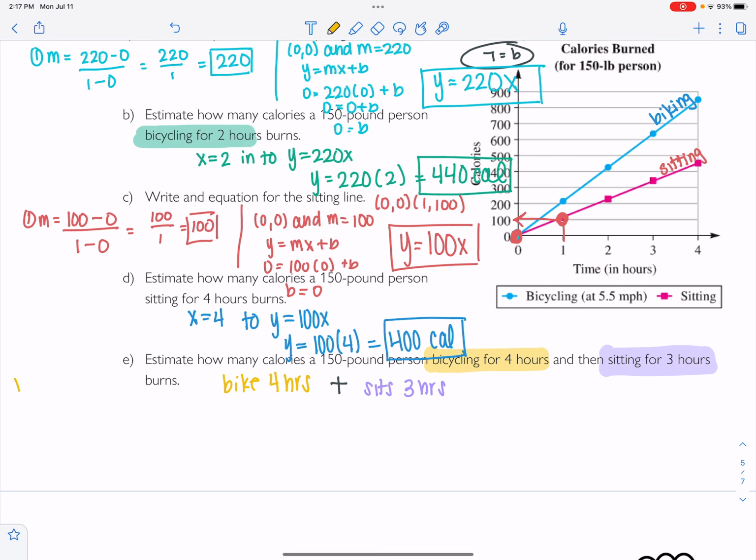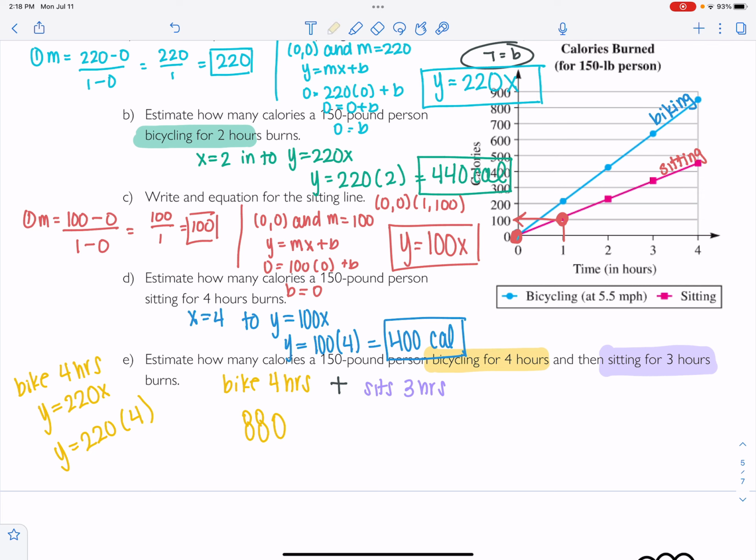So to bike for 4 hours, I'm going to plug into the biking equation, y equals 220x. So y equals 220 times x, which is 4. And so that's going to give me a total of 880 calories.